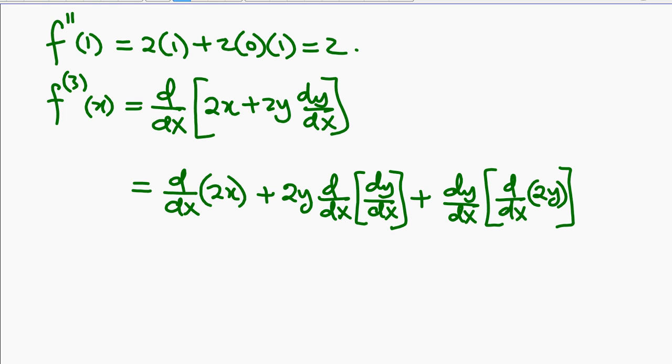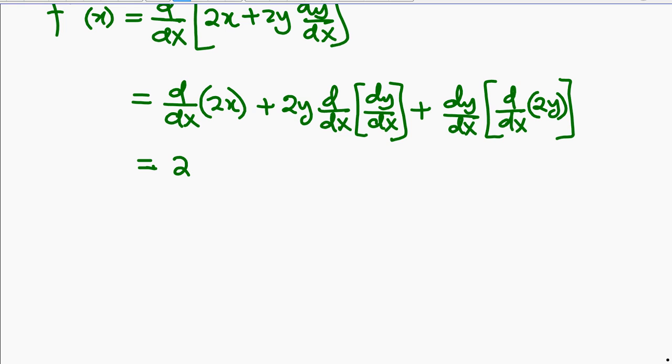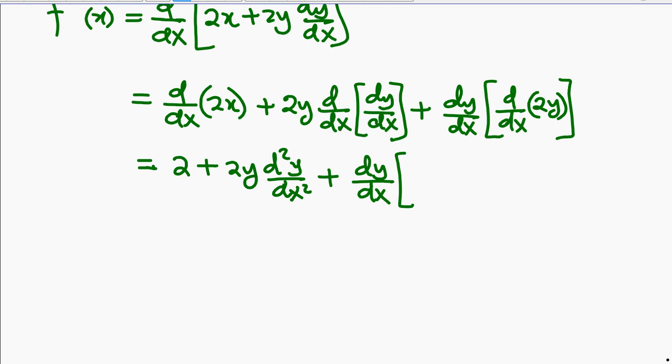All right, so what we shall end up with is 2 plus 2y d2y over dx2 plus dy over dx multiplied by, now what we shall end up inside this bracket will be 2 dy over dx.